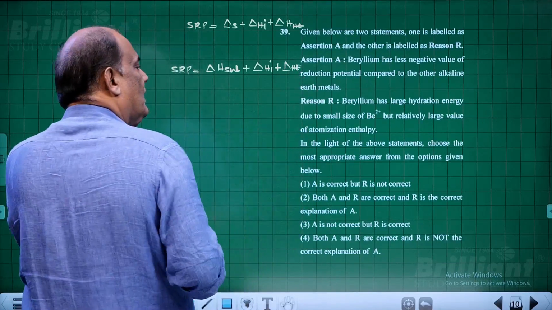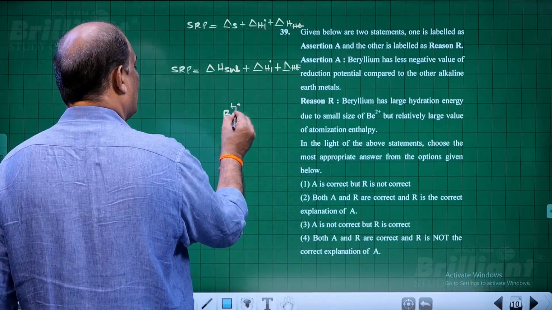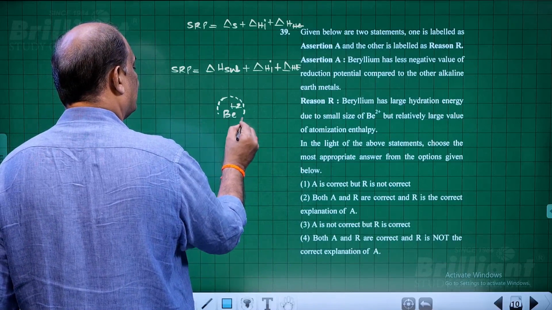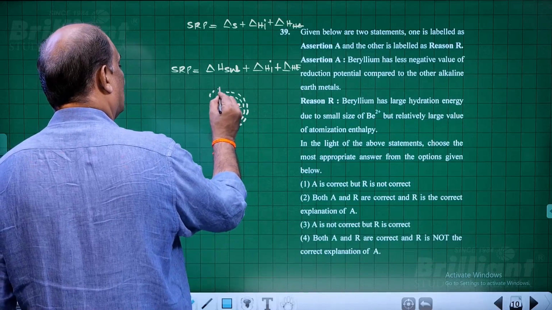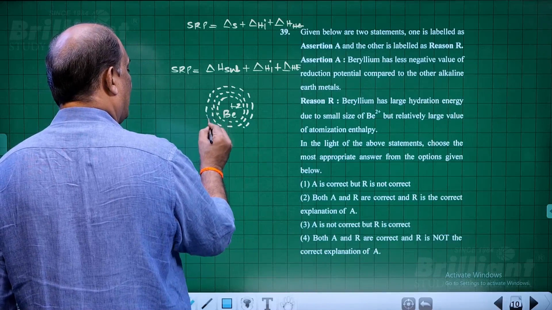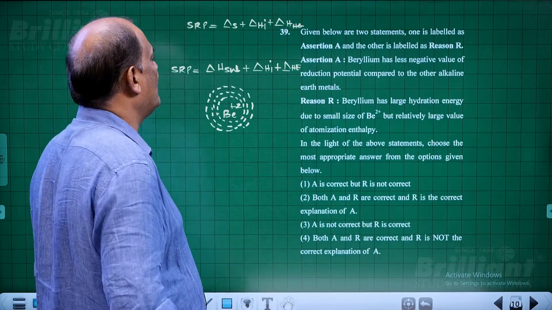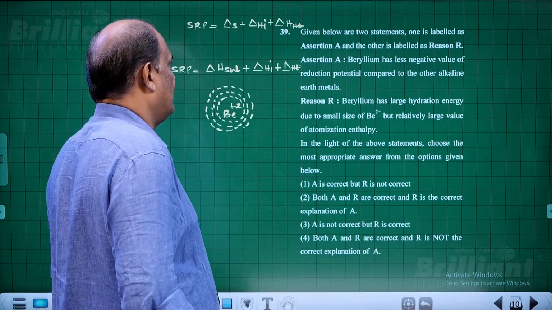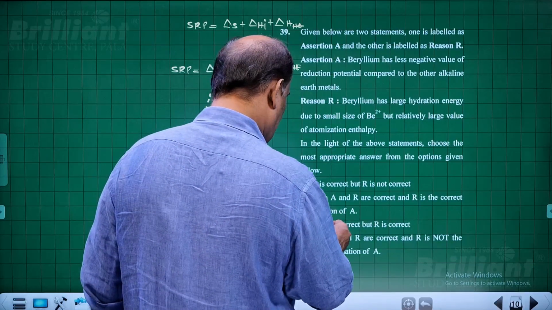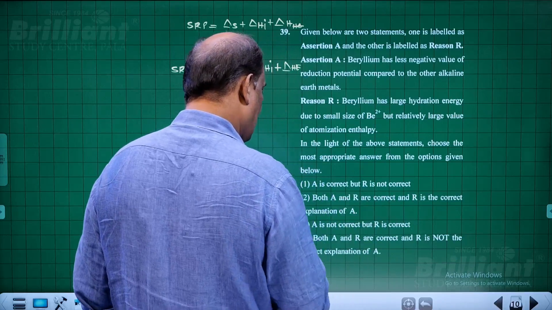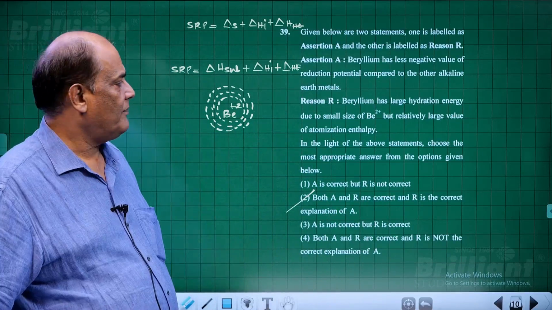And beryllium has really small size. Because of small size, it will have more heat of hydration. But here atomization enthalpy is larger. That's why the net value is going to be changed. So both A and R are correct, and R is the correct explanation of A. 2 is the answer. Right?